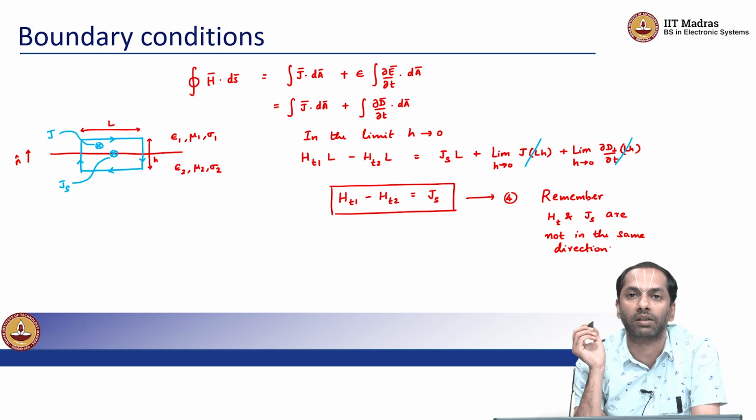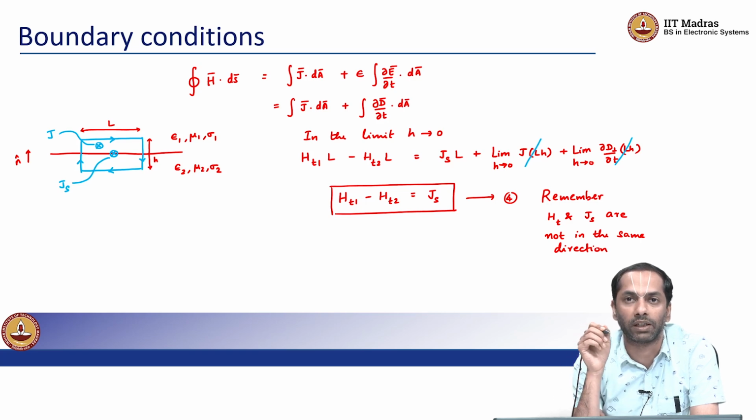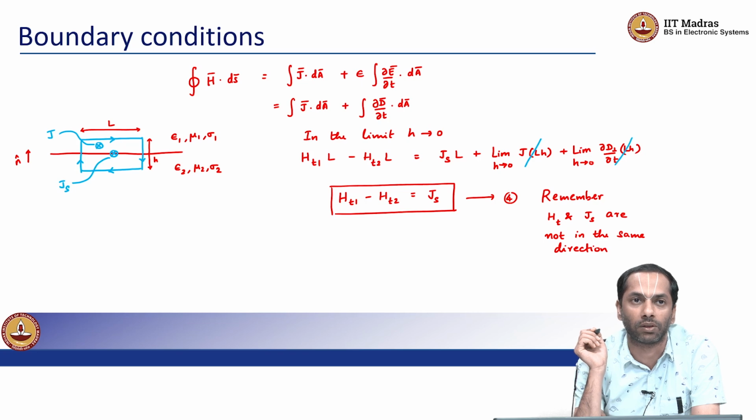Okay, please keep this in mind, because even if I were to give you situations where there are surface currents, you should know that the direction of the magnetic field would have to be dictated by the Biot-Savart's law.